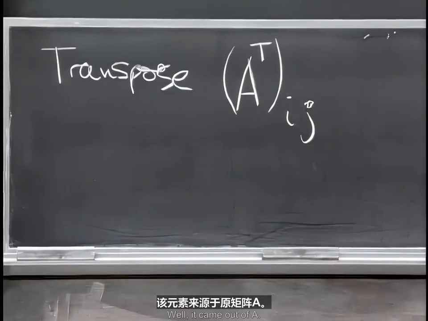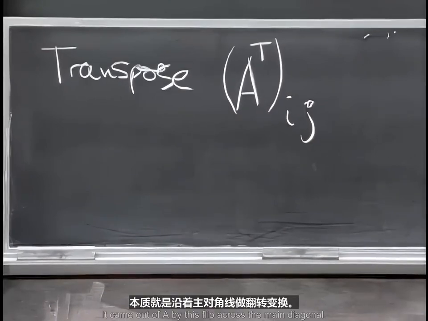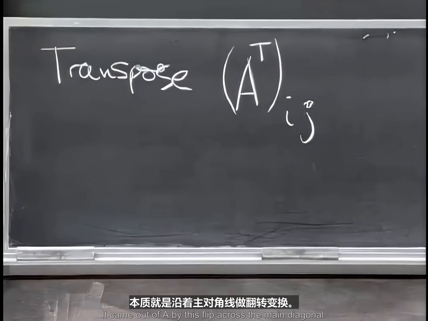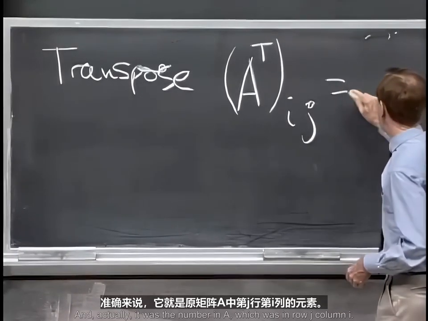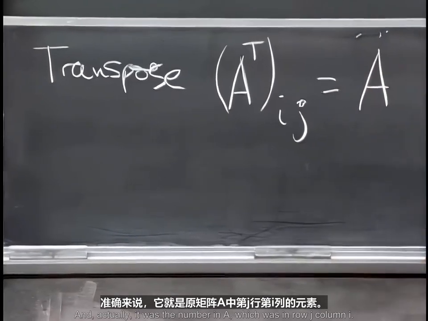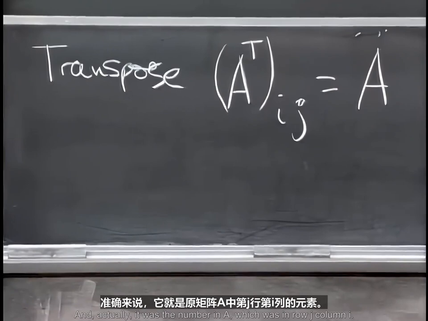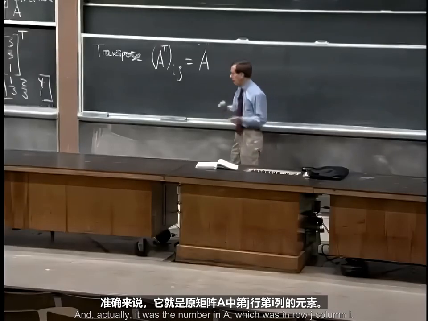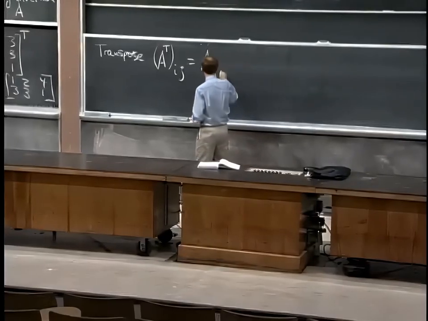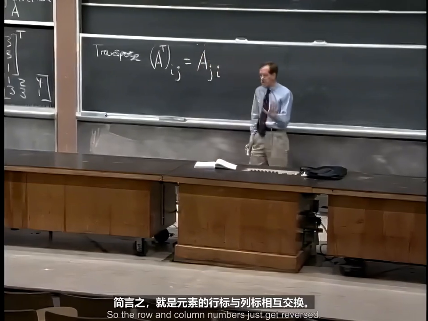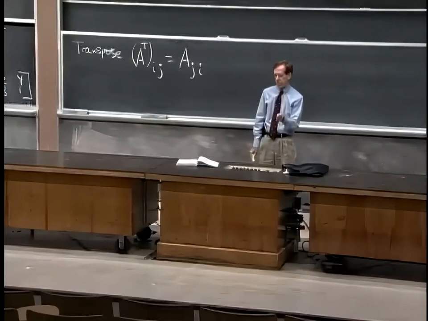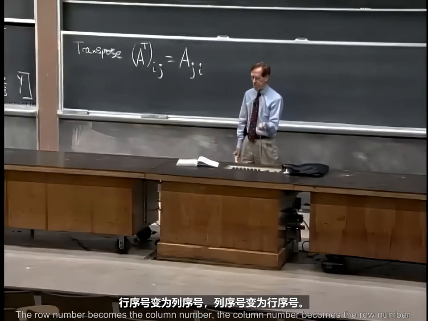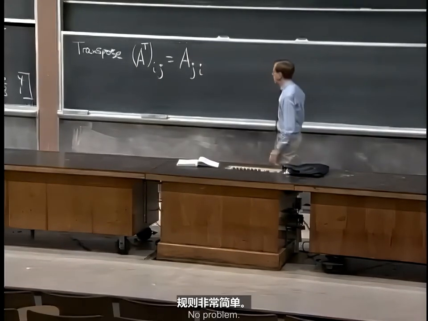Well, it came out of A by this flip across the main diagonal. And actually, it was the number in A which was in row J, column I. So the row and column numbers just get reversed. The row number becomes the column number becomes the row number. No problem. Okay.